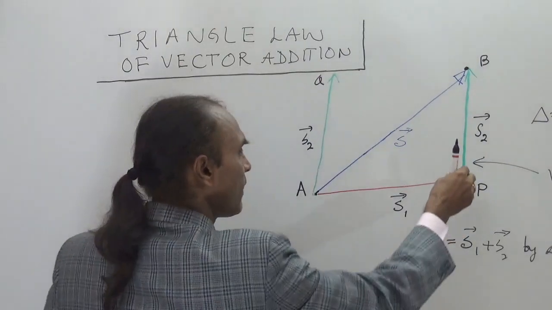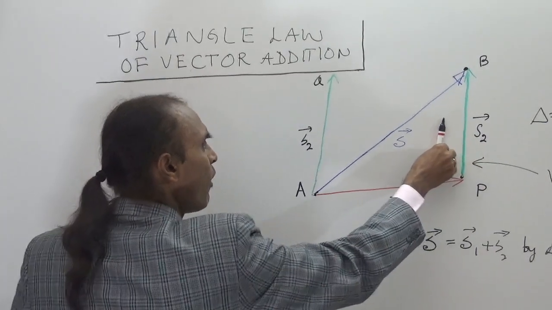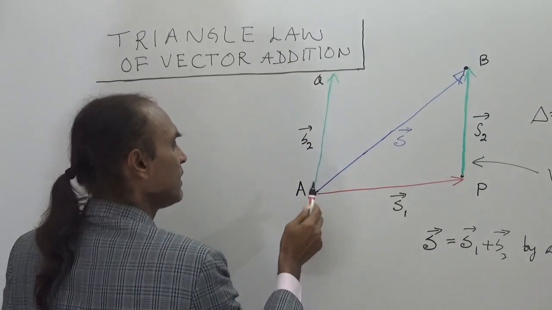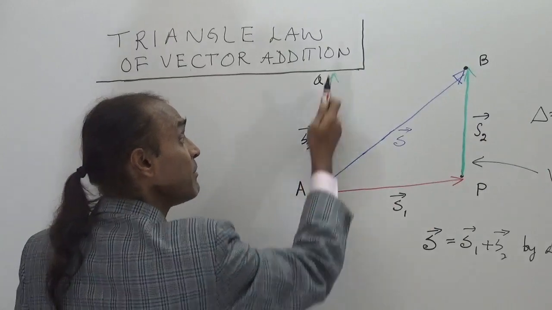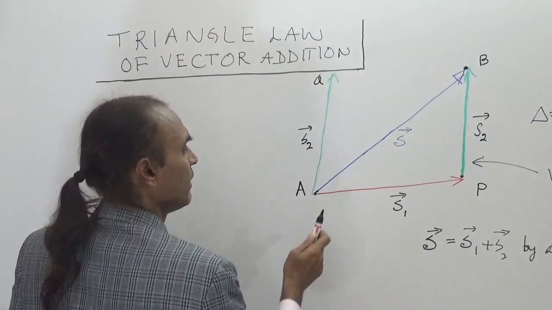So when you are translating this vector in this way without changing its angle of orientation, then you are getting the same vector. That means you have to undergo the same length in the same direction as that of S2 in this way.